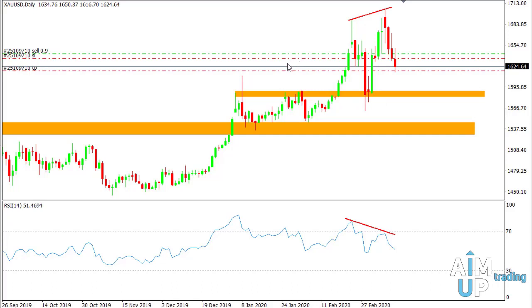Now a lot of you as new traders are going to be thinking, why wasn't my take profit hit, why wasn't the position closed? The reason is, as I mentioned earlier, the spreads. Sometimes the price is going to reach your take profit, but because of the spread, it's not going to close your position. So that's the reason why our take profit wasn't closed.